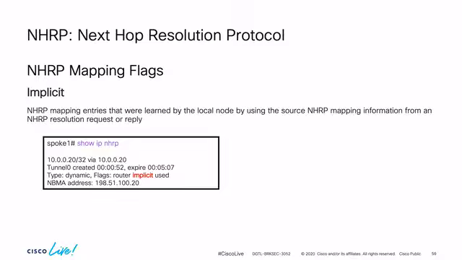In this example, if you look at the show IP NHRP entry, we see that it is a dynamic type, and this information with respect to the tunnel and the NBMA address was actually got by the resolution request. So this indicates that this NHRP mapping was basically got from when a spoke-to-spoke communication was actually happening.